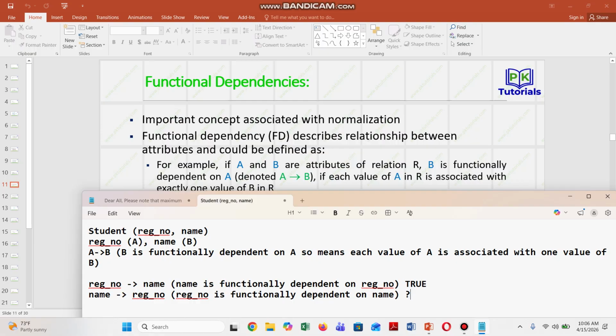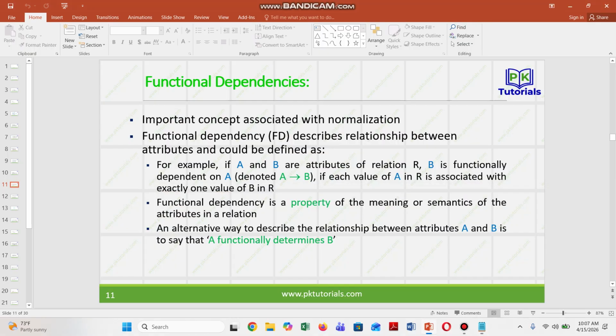For one name you can have multiple registration numbers, because name is a common entity. There can be multiple students with the same name. So this becomes false. We cannot say that registration number is functionally dependent on name. However, we can say that name is functionally dependent on registration number.